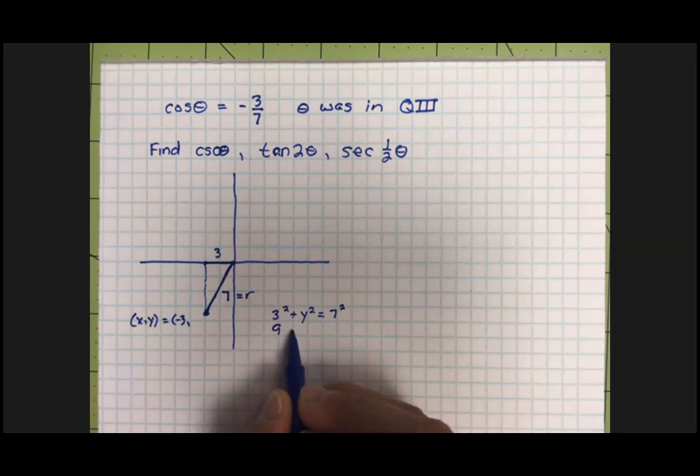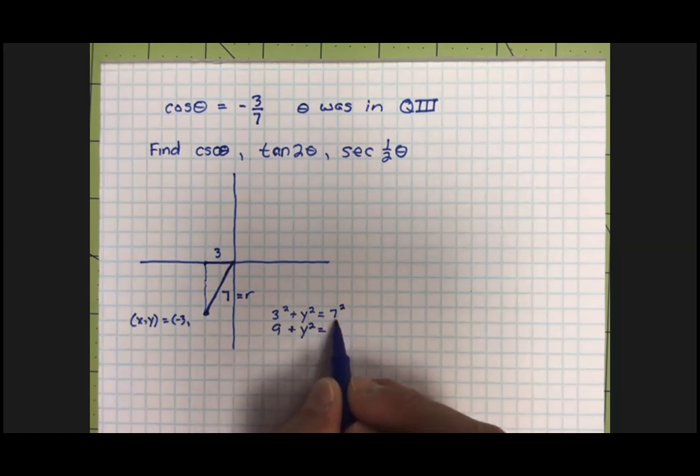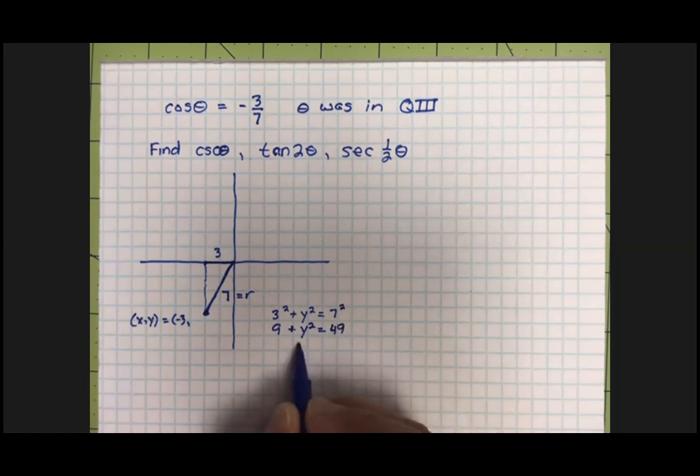So 9 plus y squared equals 49. Y squared is equal to 40. And so now y is plus or minus the square root of 40.